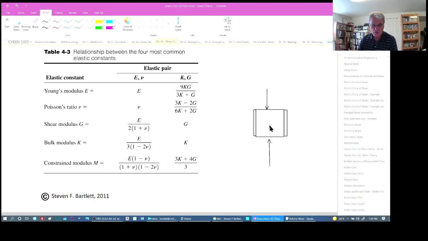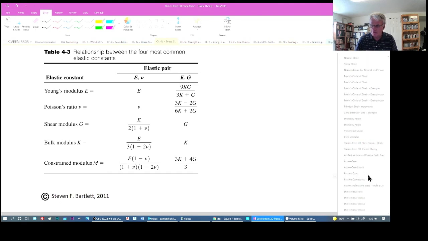So the modulus we get in that case, where we look at these vertical strains versus the amount of change in volume, is the constrained modulus. This is the definition of constrained modulus, and you can see that if we know Young's modulus and Poisson's ratio, then we can get it. Or if we know the bulk modulus and shear modulus, we can also calculate the constrained modulus.